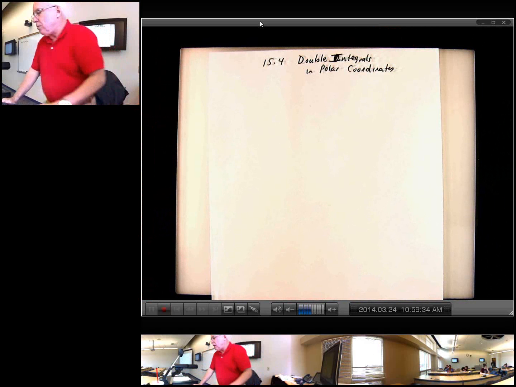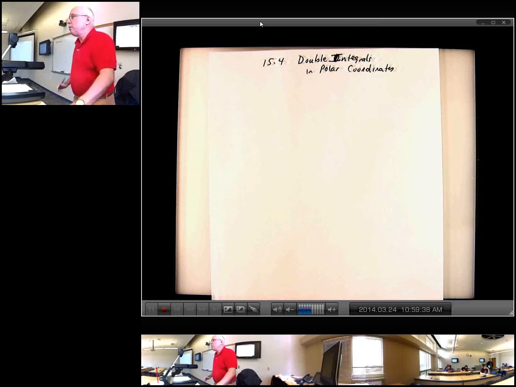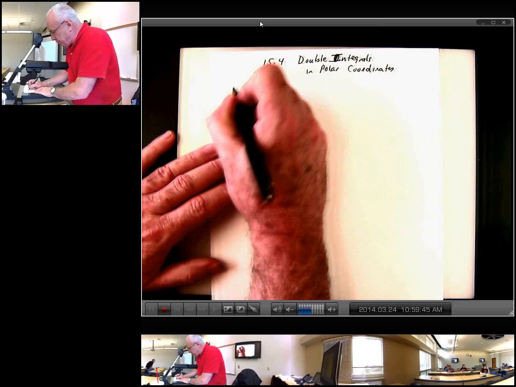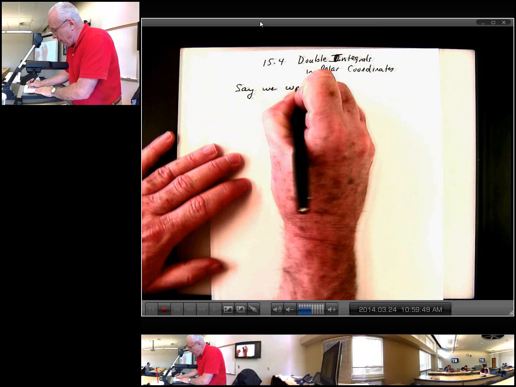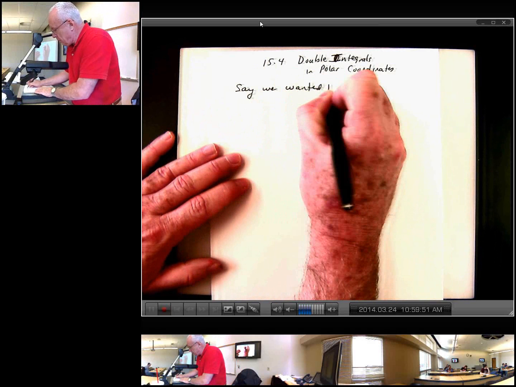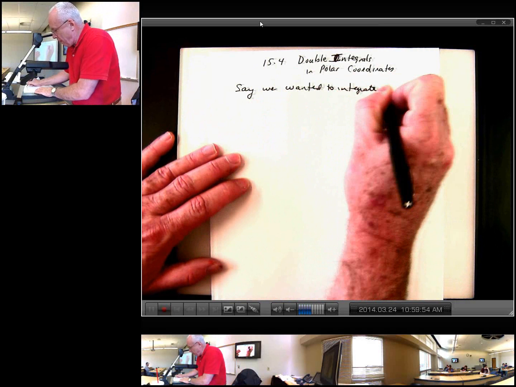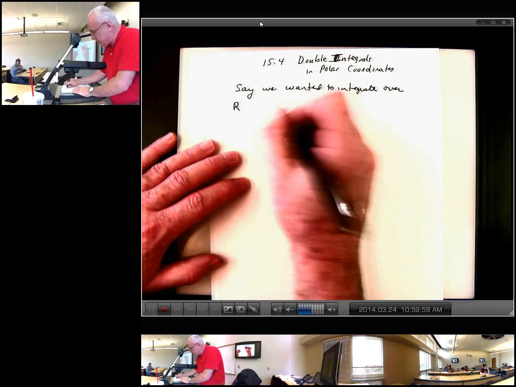Up to now we've been integrating over regions that look kind of rectangular. But what if we wanted to integrate over a region R that looked like this?